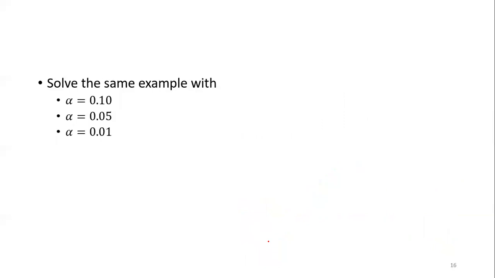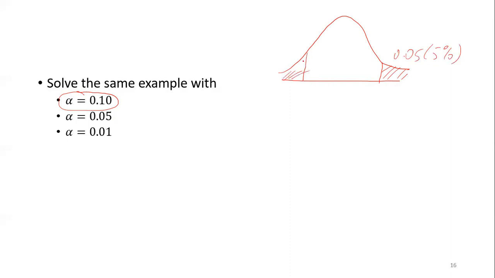So we can solve the question with different definitions of extreme points. Let's solve it with alpha equal to 0.10. Then 0.10 means that here I have 5%, 0.05, and again 5% here.